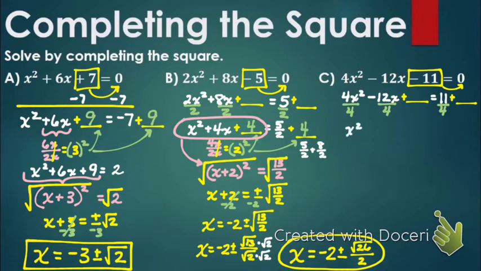So x squared minus 3x plus something equals 11 fourths plus, I don't know yet. What do I put here? 9 over 4, because I'm going to take negative 3x and divide that by 2x.